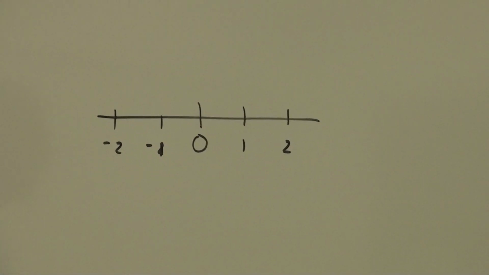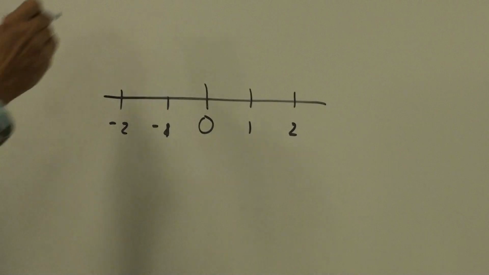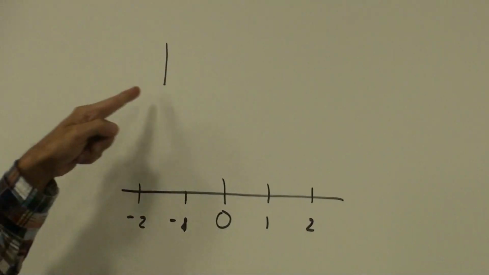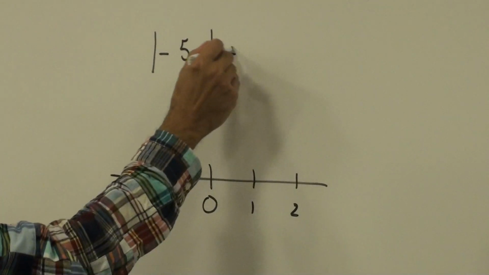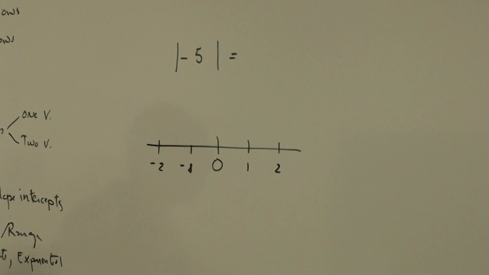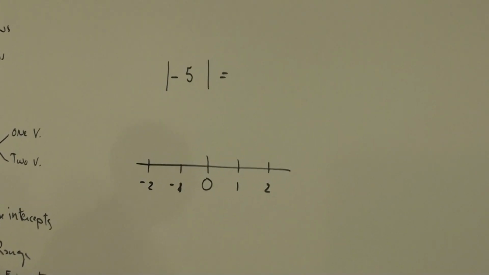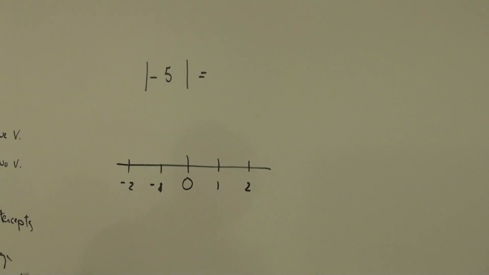So a distance is always positive, okay? Please remember that. Absolute value is represented by two bars like that. So what is the absolute value of negative 5? 5, positive 5, right? The distance will always be positive.